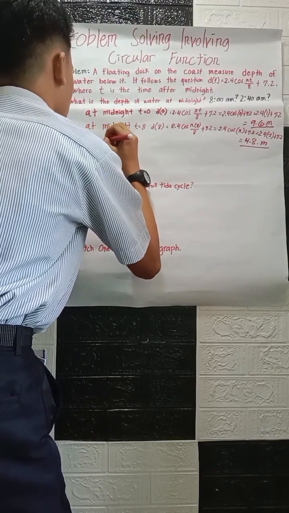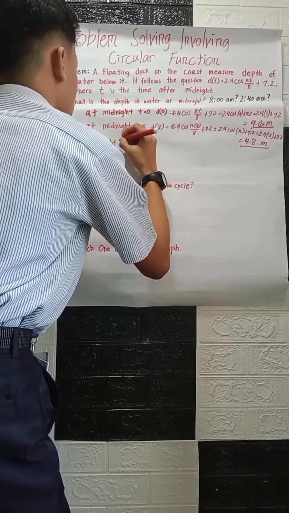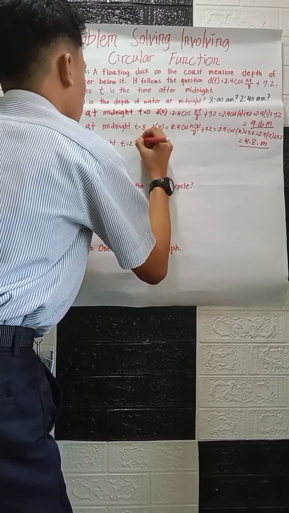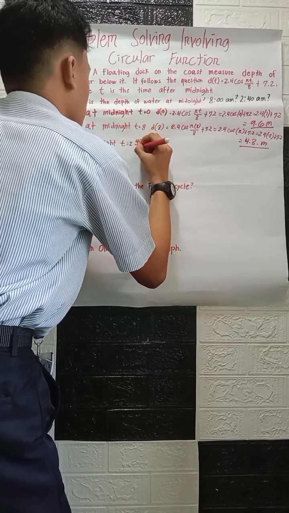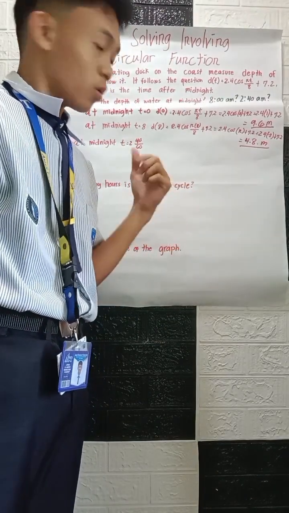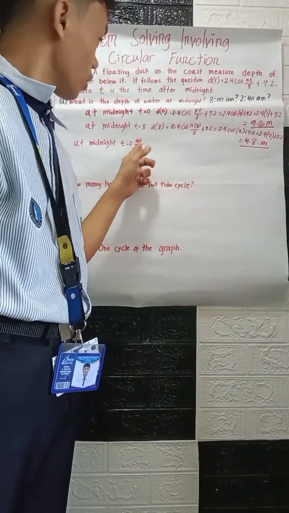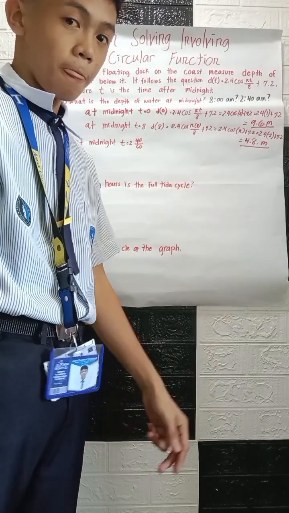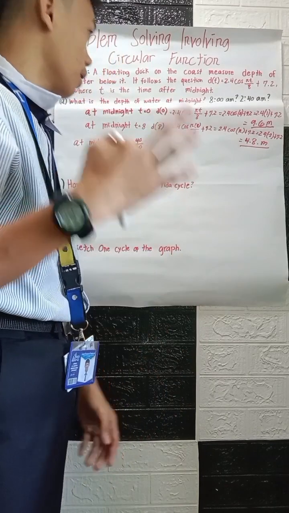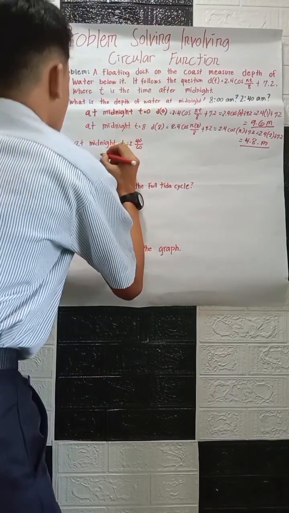So 2:40 a.m., copy the equation at midnight. T is equal to 40 over 60. So here we can simplify this by its greatest common factor. We can divide by 20. So 40 divided by 20 is equal to 2, and 60 divided by 20 is 3.